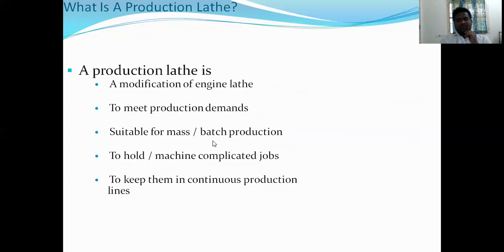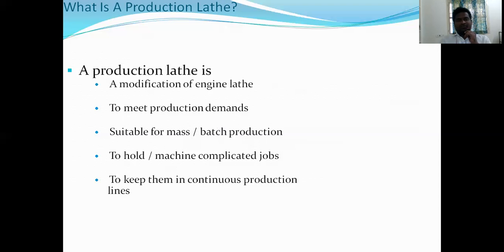Batch means similar types of operations on the products. Batch production means the products may not be similar, but the operations are similar. That's why it is called batch production. And mass production means the objects are similar.